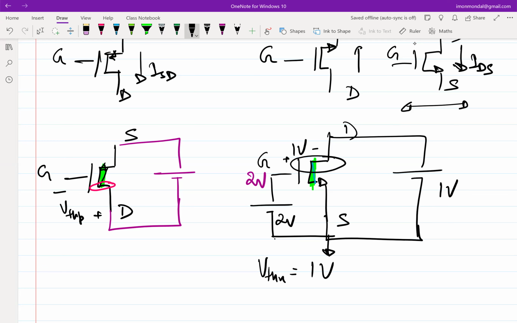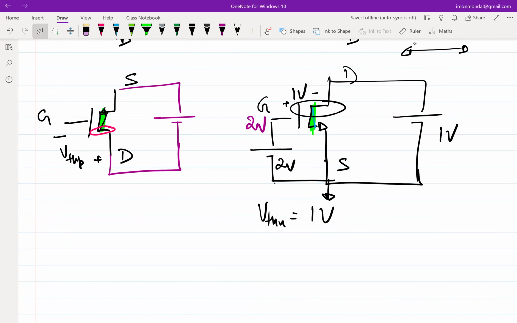It is at the limit. Exactly, it is at the limit. So which means that is the condition of pinch off. If I increase drain voltage beyond 1 volt, then the transistor is in pinch off, or in other words, the transistor is in saturation, right? So the saturation condition in this case boils down to the drain voltage.